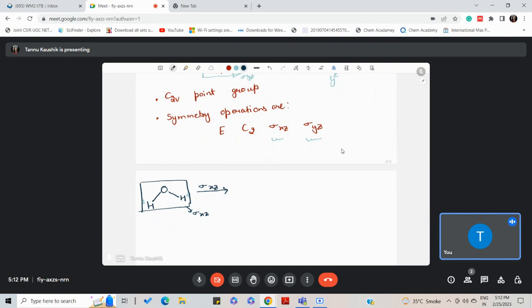So what will be the changes induced after this reflection? The atoms will remain on the same positions and there will be no changes induced in this system. So it will remain like this.